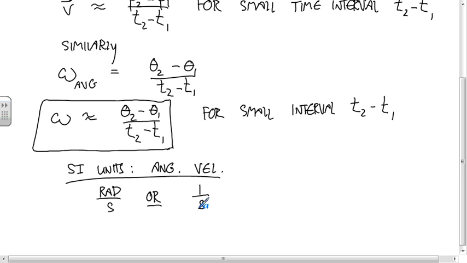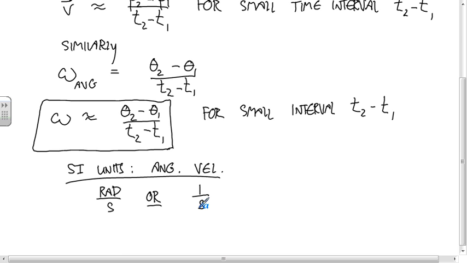Now, what about direction? Say that you have a positive angular velocity. Does that mean the object is rotating clockwise or counterclockwise? And how do you know? Counterclockwise. That's exactly right. So you enter the angles as counterclockwise positive, and so that's exactly the same sign convention you have with angular velocity.